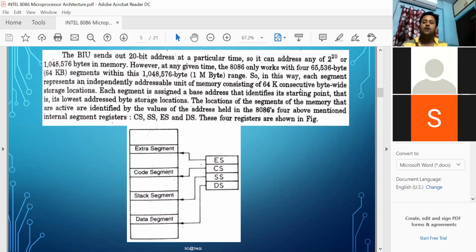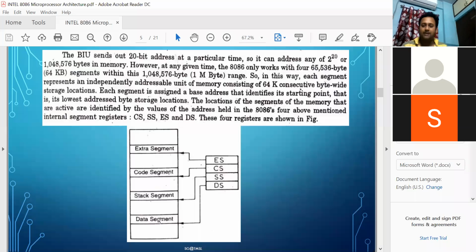Otherwise it can be given in this way: chapter number 6 and page number 4. So the chapter number is equivalent to this segment, and the page number 4 is equivalent to the offset address. These are used to store the segment address.